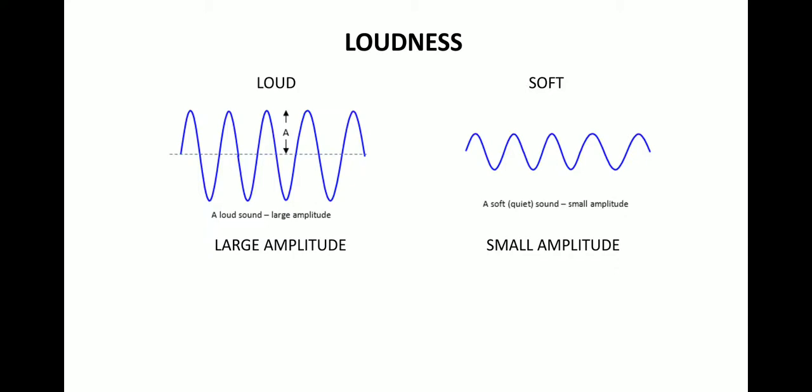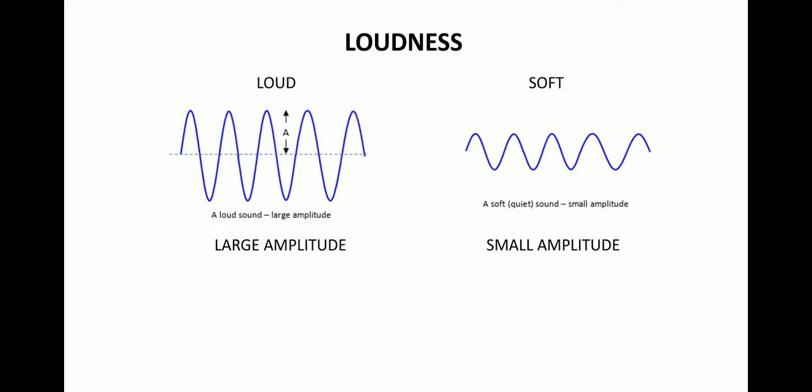But how much loud and how much soft varies for different persons. So it's up to you whether you decide it's loud or soft. Anything louder for a person may not be loud enough, or may be soft, for another person. So it varies from person to person.